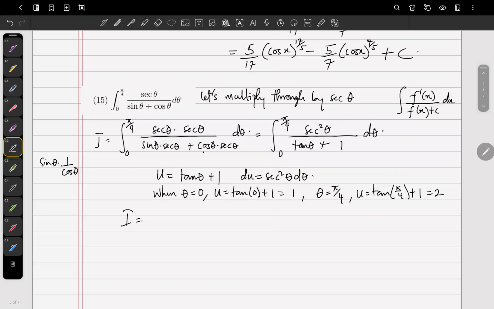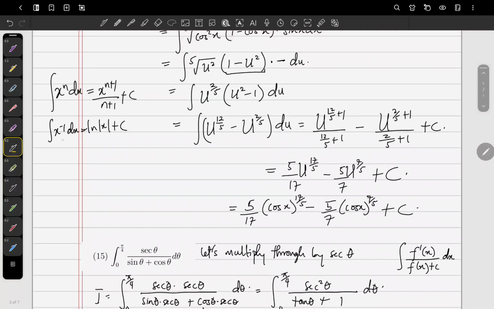So our integration will change to that from 1, instead of 0, and 2, instead of pi over 4, of, we have sec squared theta d theta in the numerator, so that is going to be du over u, or 1 over u du. And that is one of our favorite integrals. In fact, that's what I've written here.